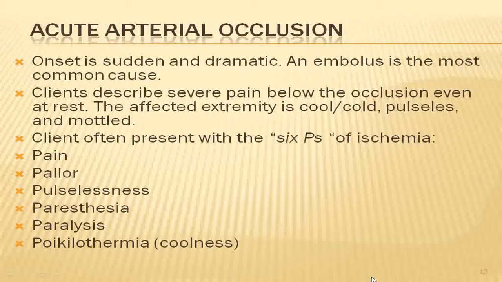Clients will often present with the 6 P's of ischemia, and this will be important for you to know: pain, pallor, pulselessness, paresthesia, paralysis, and poikilothermia, which means a coolness, and that also means that the extremity is taking on the temperature of the environment. So if the environment is cold, that extremity is cold. If the area is warm, then the extremity is warm. But you will be able to note the temperature differences between the two extremities.